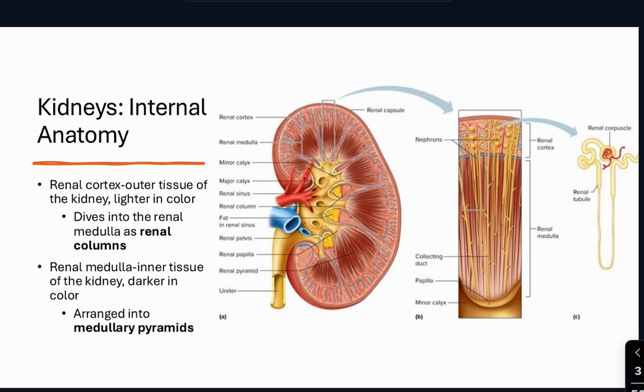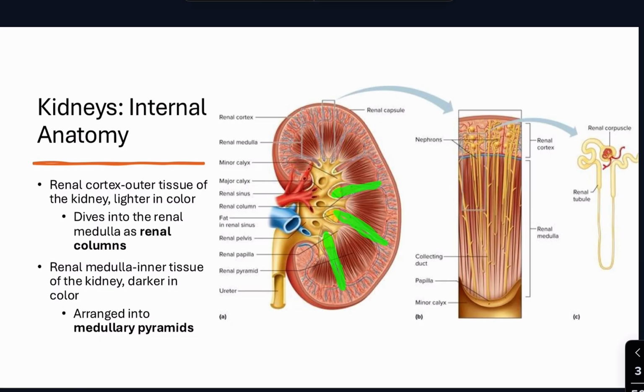And if we look closely, we can see that this cortex, while mostly on the outside, kind of dives into this renal medulla area, causing these little different subsections. These are going to be called medullary pyramids. And these little areas where they dive in are going to be referred to as renal columns. So here are our renal columns.